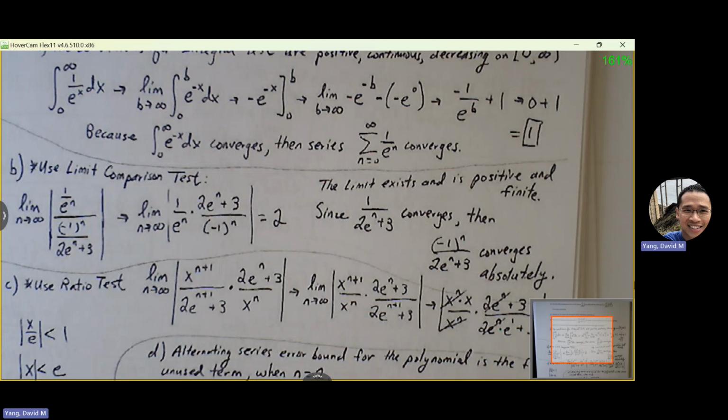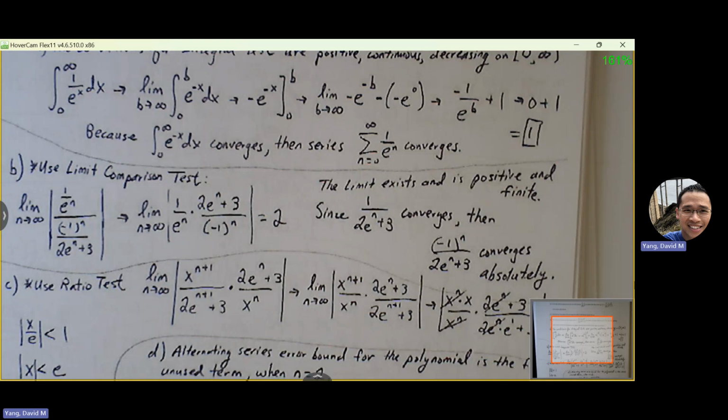conditionally. So sometimes students feel like, wait, conditional convergence, that means it doesn't converge. Yes, it does. It converges, but the reason that the word conditional is there is because if for some reason we were to take away the alternator and it turns back to diverging, then we call that a series that conditionally converges.